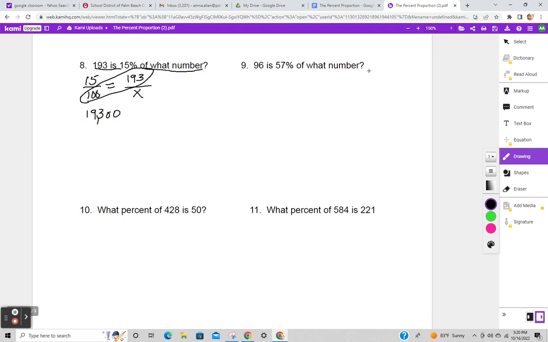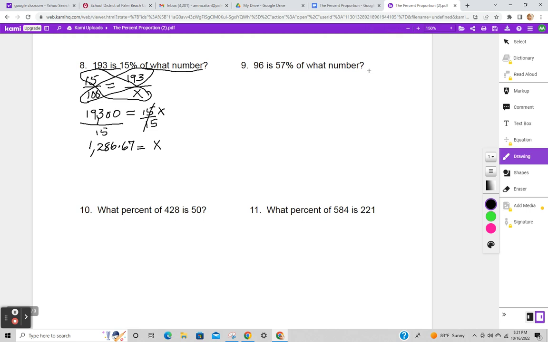So that's 19,300 equals 15 times x, 15x. Divide both sides by 15 to get x by itself. And we're going to get 1,286.67 when we divide 19,300 divided by 15.